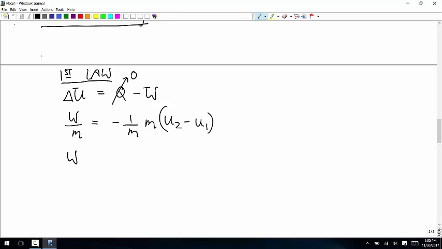And so the work per mass is equal to negative specific internal energy minus specific internal energy at the start.